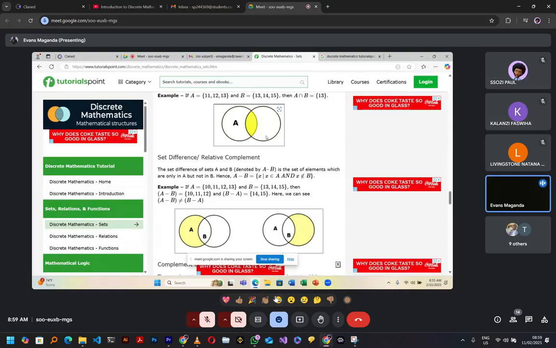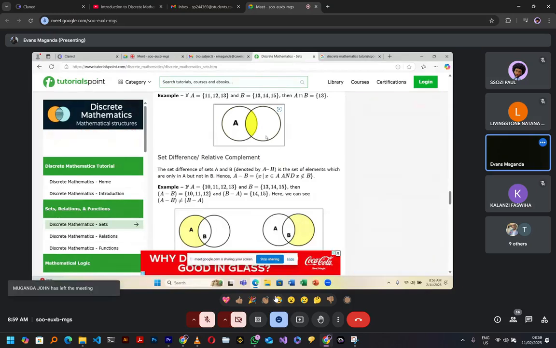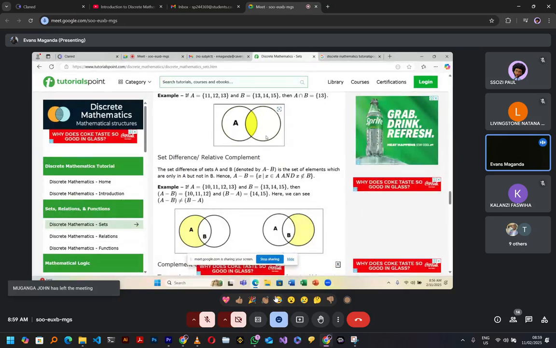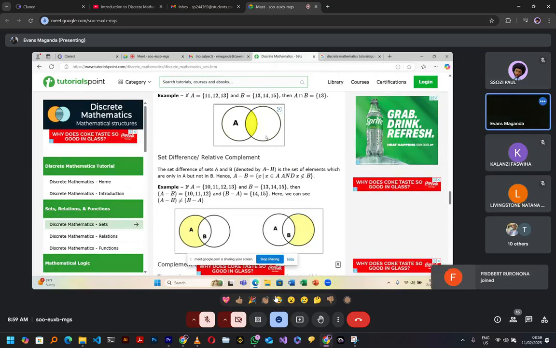The set difference of sets A and B is usually denoted by A minus B. It is the set of elements which are only in A but not in B. So if A is equal to 10, 11, 12, and B is equal to 13, 14, 15, we can represent A minus B, which is the set of elements which are only in A but not in B. So which elements are in A but not in B?